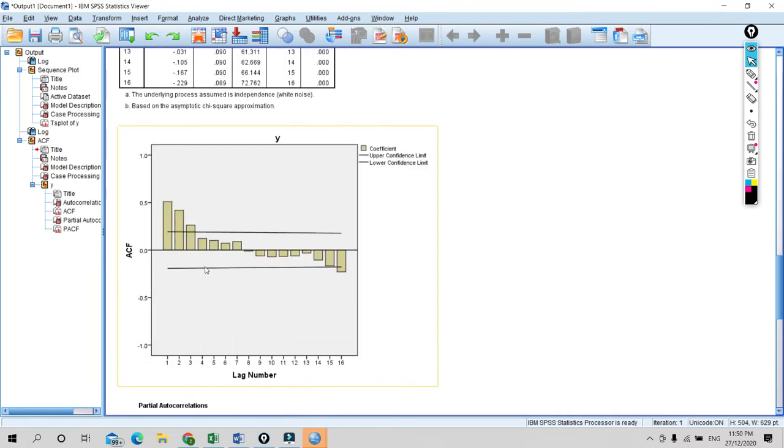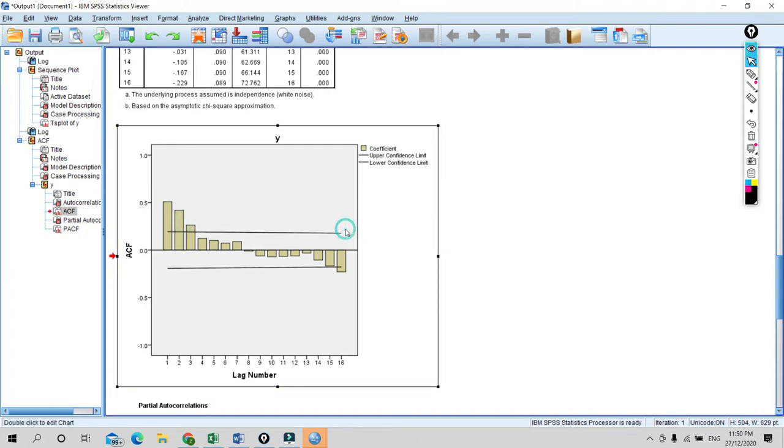This is what I call a geometric series, a tail off. It looks like a tail off of a geometric series. These are the ACF.